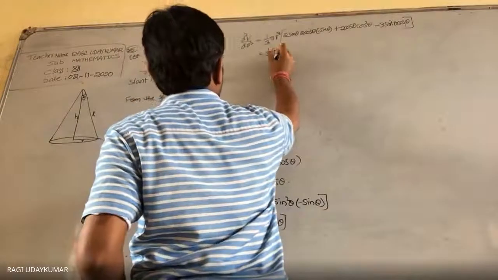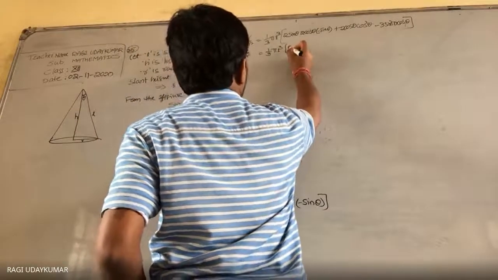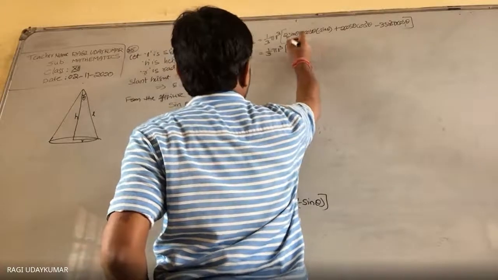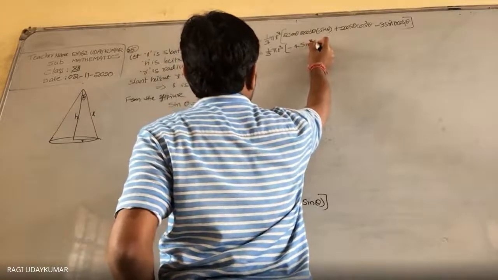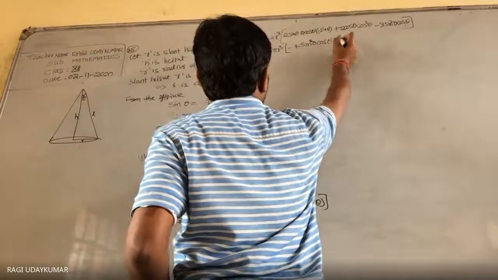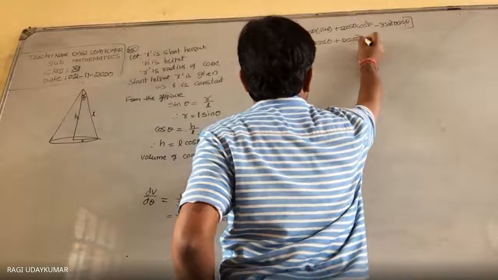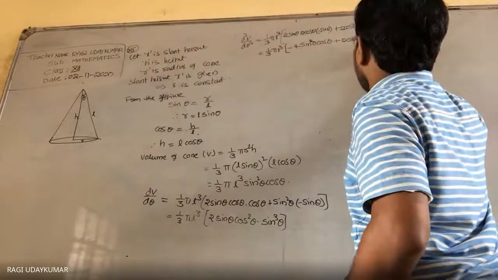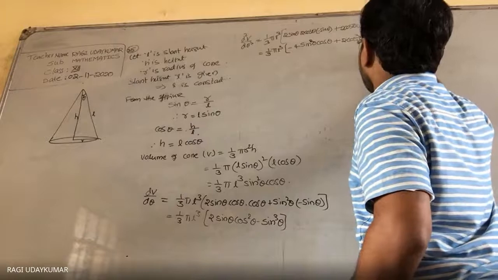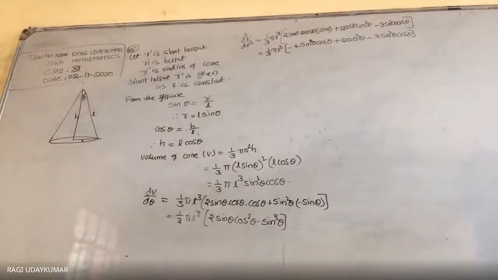1 by 3 pi l cube. So what you get here? Minus 4 sin square theta cos theta plus 2 cos cube theta minus 3 sin square theta cos theta. Okay?